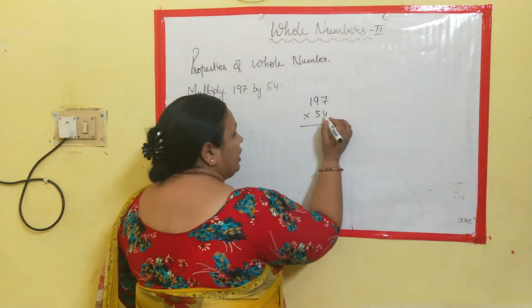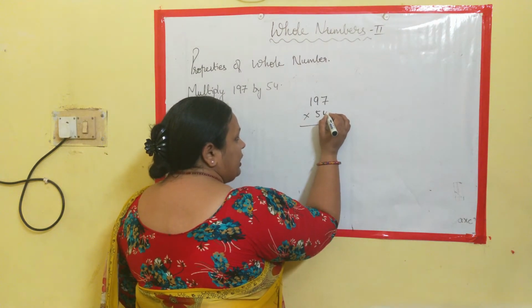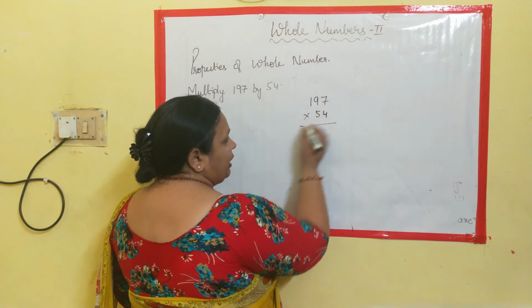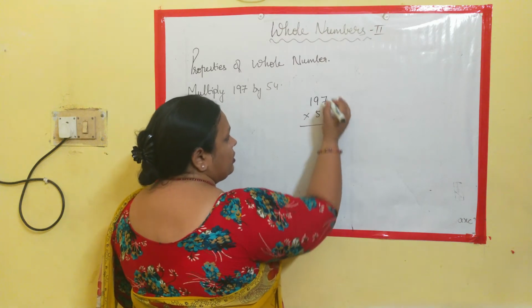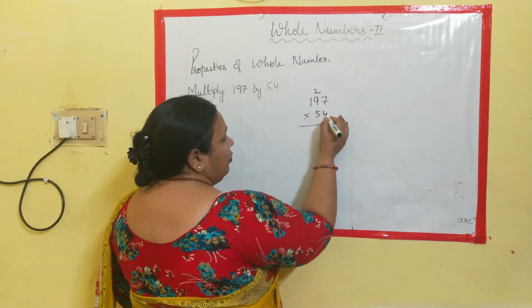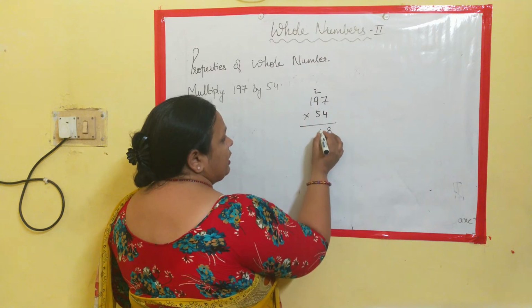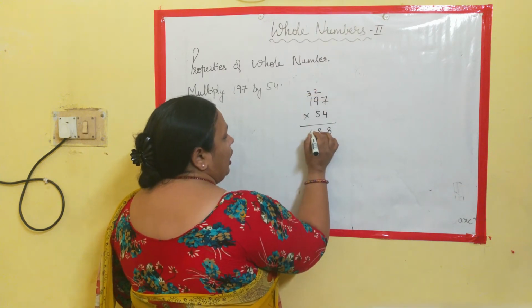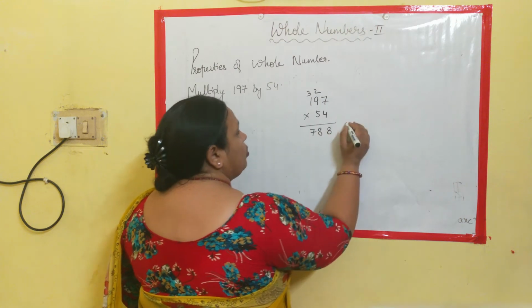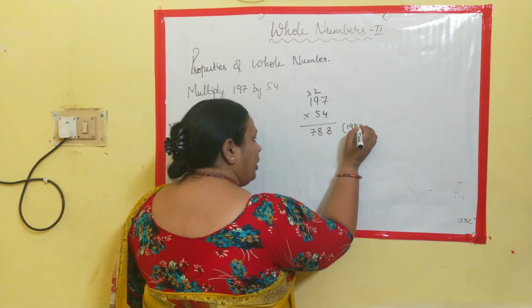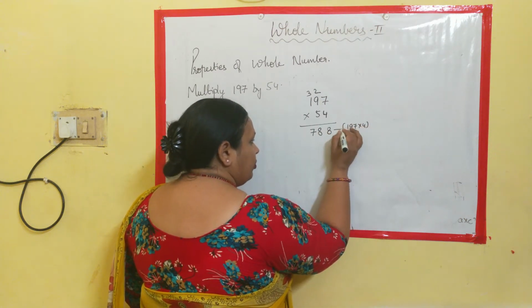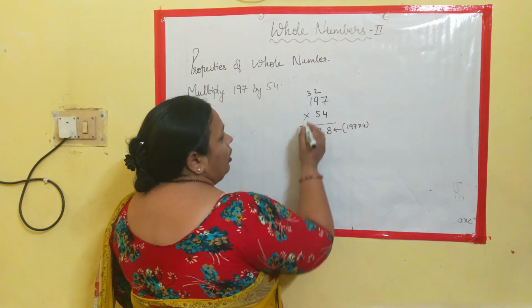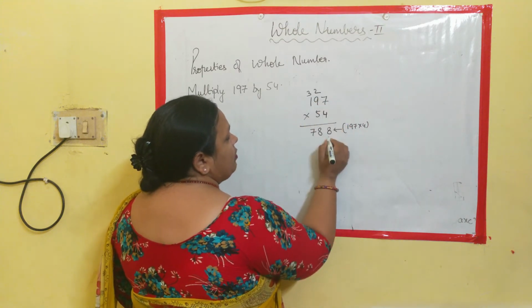Now, when you multiply 197 by 54, what did you do till now? See, first you multiplied 197 by 4. That is 7 fours are 28, 2 in hand. 4 nines are 36, 38, and 3 in hand. 4 ones are 4, and 3 is 7. So you multiplied 197 by 4. Clear? Now, the next multiplication is 7 fives are 35.